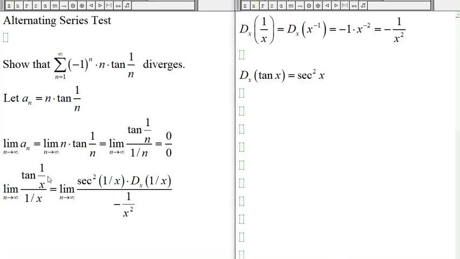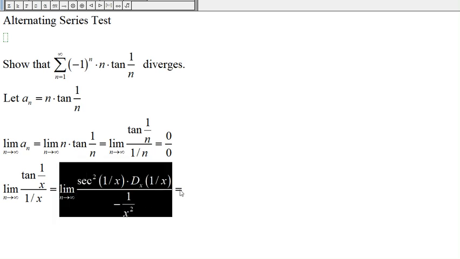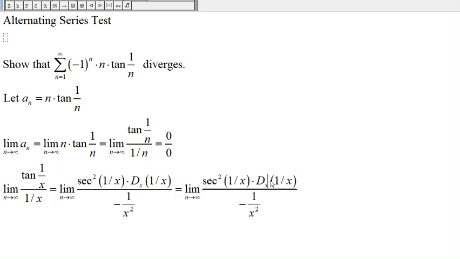But here we have tangent of 1 over x, and therefore we have to use the chain rule, and so it would be secant squared of 1 over x times the derivative of 1 over x. But the derivative of 1 over x, again, is negative 1 over x squared.